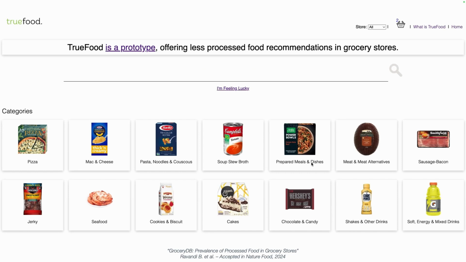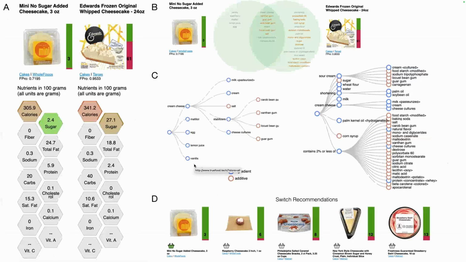We are always following this idea of a minimal food substitution strategy. Foods are classified and reported into classes, and substitution suggestions happen at the class level. To introduce you to the score, I compare here two products, two cheesecakes.